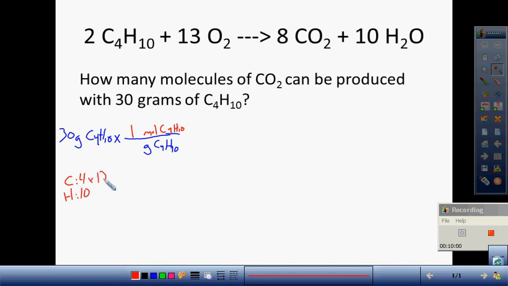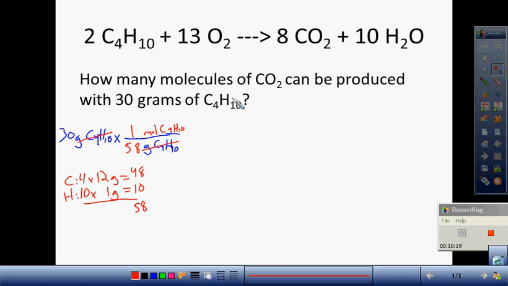I look up carbon, it's 12 grams. I look up hydrogen, it's 1 gram. Alright, that's my mass. I'm going to cross off the like units.